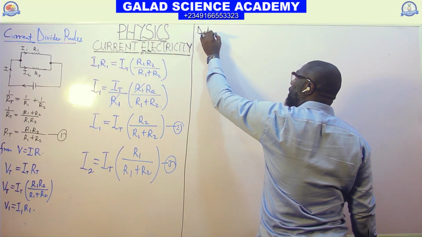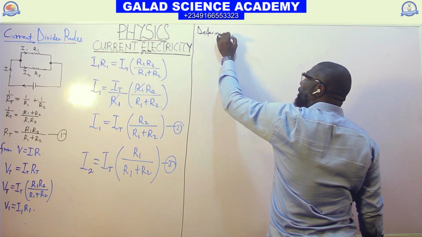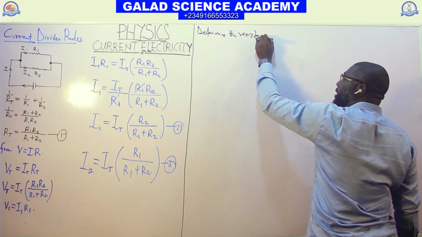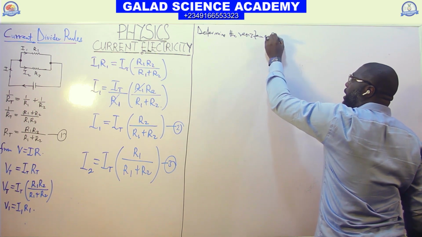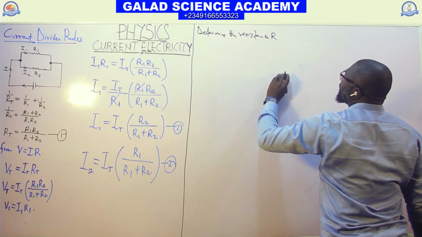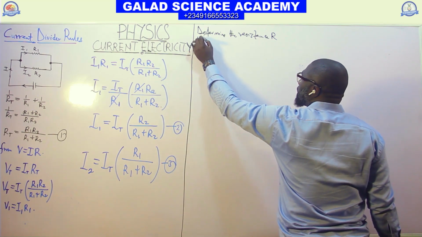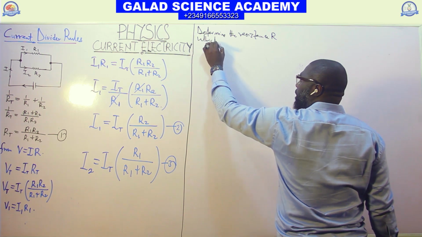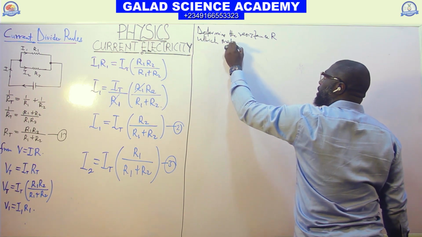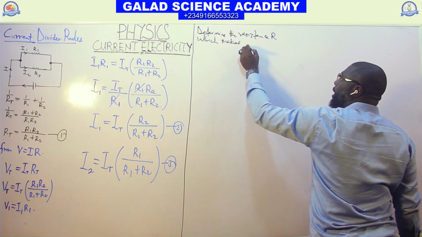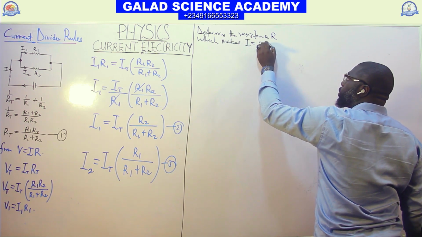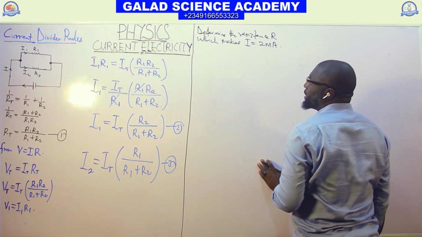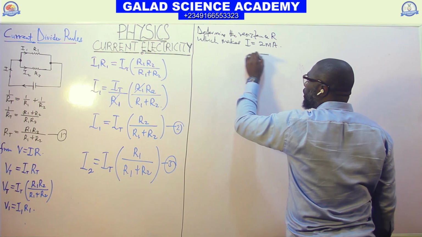Determine the resistance R which makes I equal to 2 milliamperes in the circuit below.